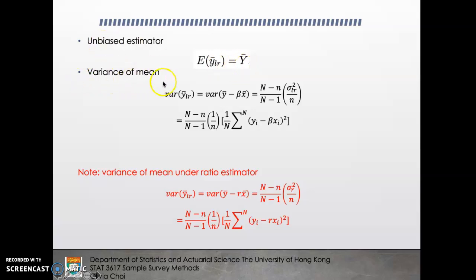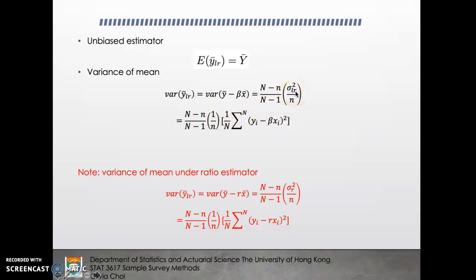We also want to look at the variance of our y bar under the linear regression line. The variance of y bar LR equals the variance of y bar minus beta x bar. Like how we did previously, that equals the finite population correction factor multiplied by sigma squared over n. So we take out the finite population correction factor and the n.